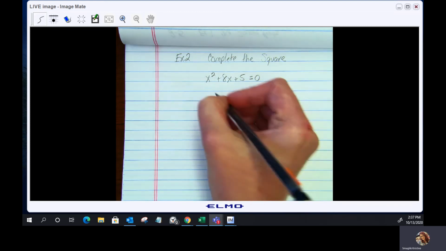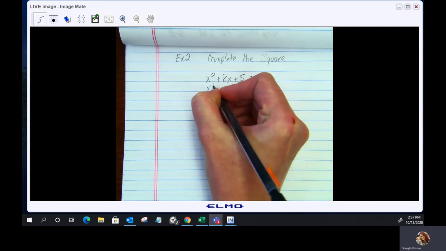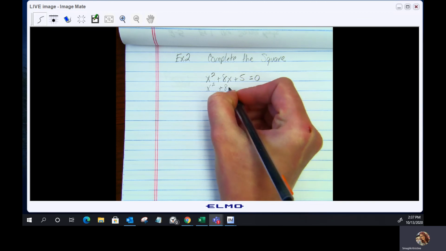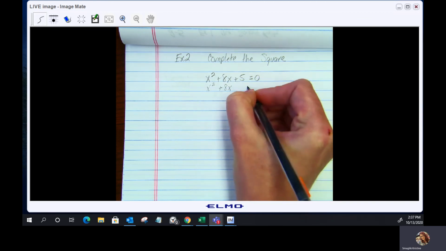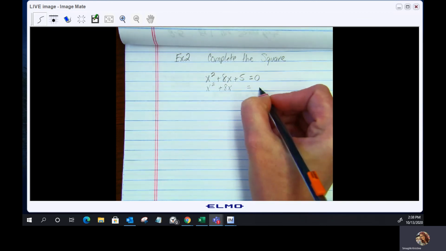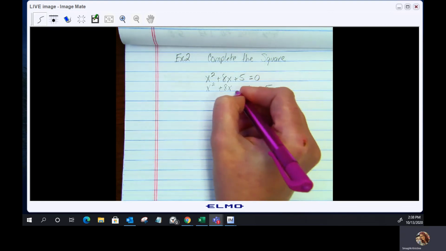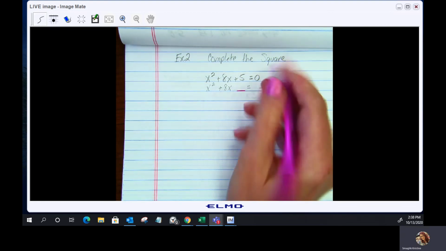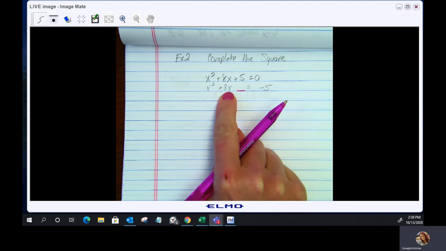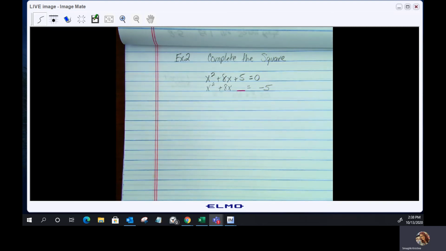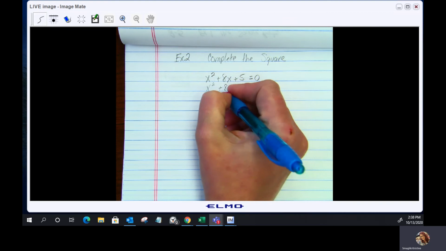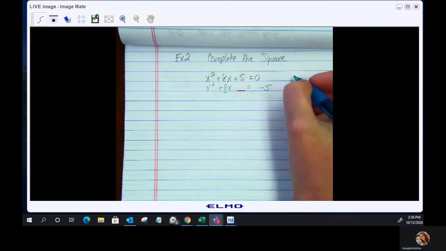So I'm going to subtract 5 from both sides. I get x squared plus 8x equals negative 5. What I want to do is find a number that will complete the square and make this a perfect square trinomial. I take my b value, which is 8.